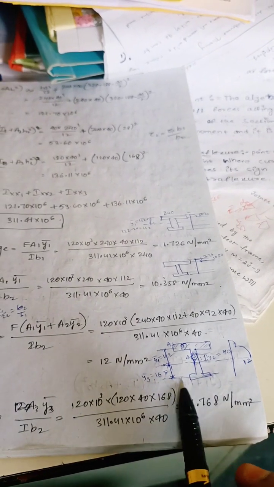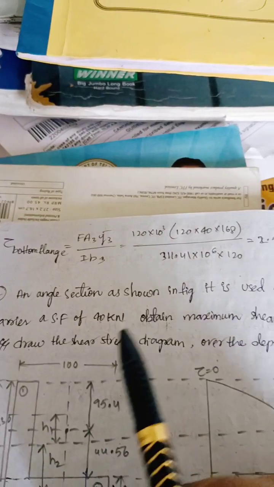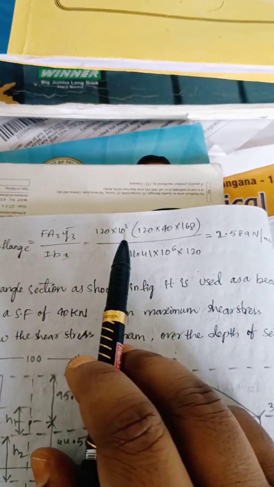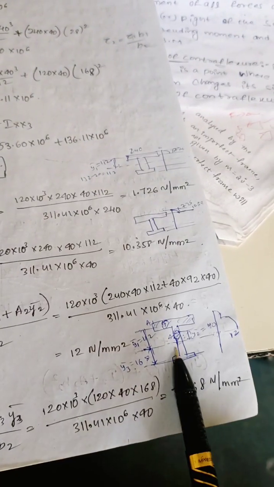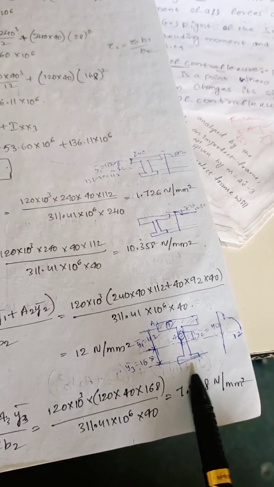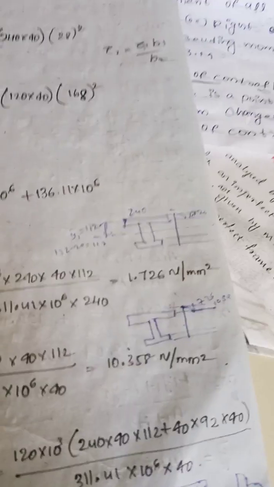Now tau bottom flange, this is the formula: A3 y3 bar by I b3. We know A3, the area for this third section, this flange, into y3. Y3 is 168.